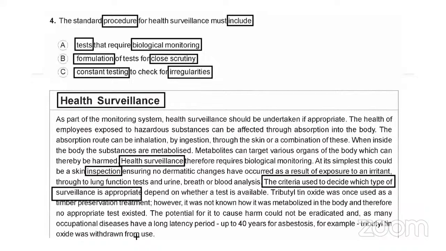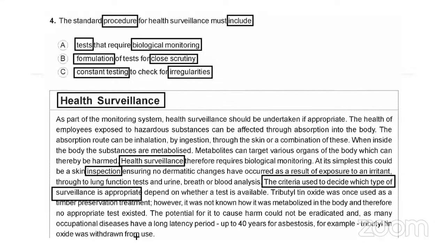Therefore, for example, tributyl tin oxide was withdrawn from use because of that. Whatever test you are giving, you have to scrutinize it properly, whether it is working or not. If it is not beneficial, and you are giving tests only for health surveillance, are these tests valid?